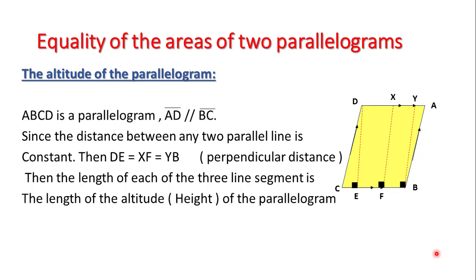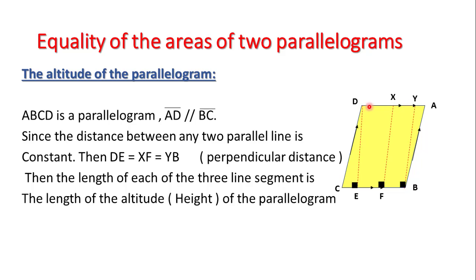Today we want to know what we mean by the altitude of a parallelogram. Here, for example, we have a parallelogram ABCD. The altitude of the parallelogram is the line segment drawn perpendicularly, like here, from D to CB, to the opposite side.